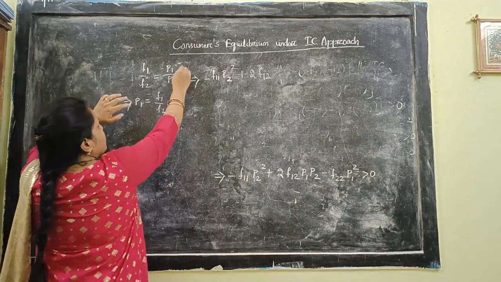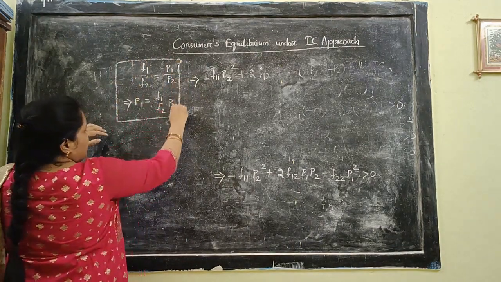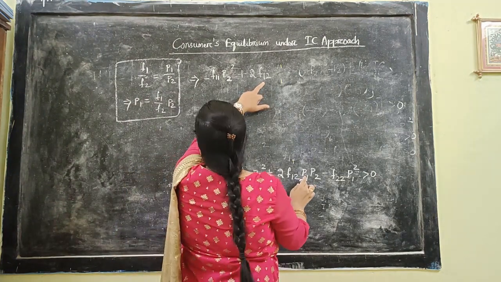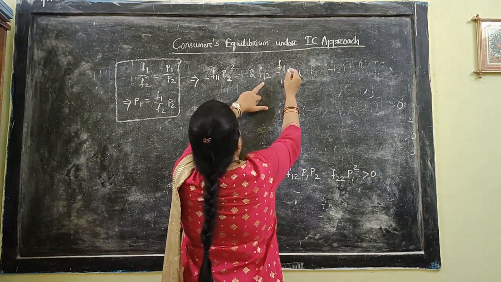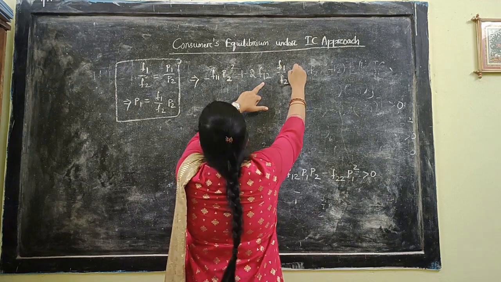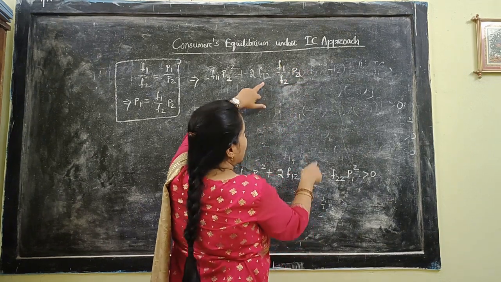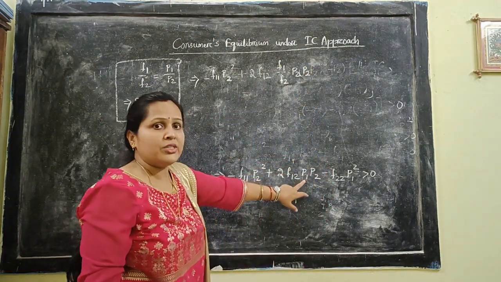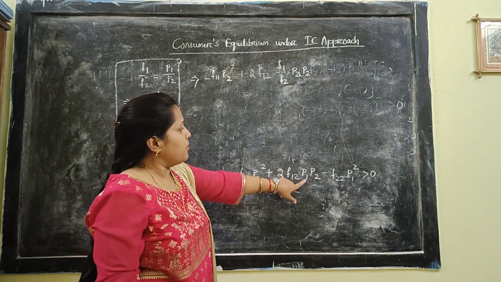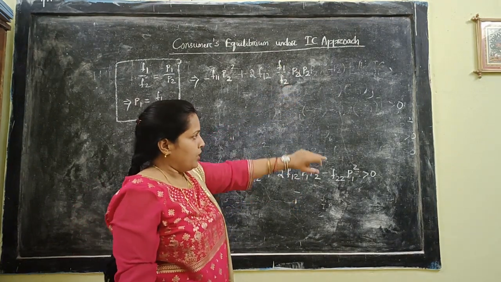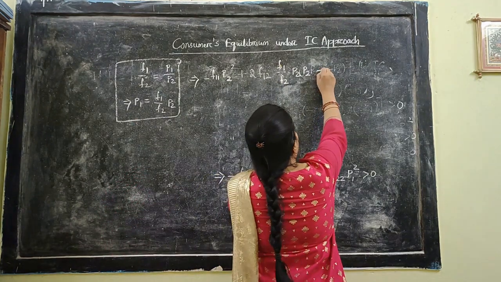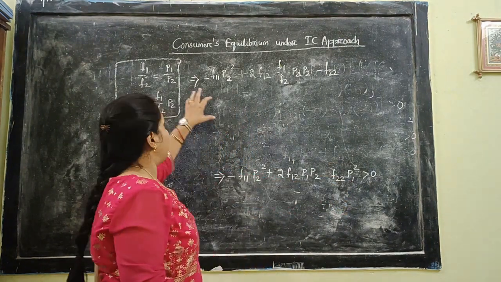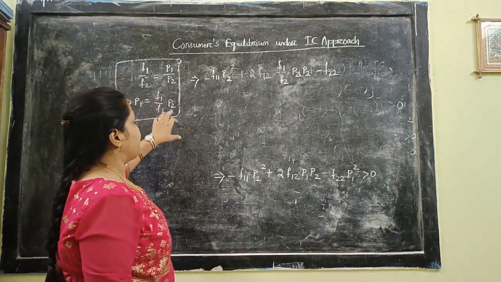From this relationship I am putting here, in place of P1, F1 by F2 into P2, right? And another P2 is already there. Minus F22. In place of P1 again, I will put the same F1 by F2 into P2.